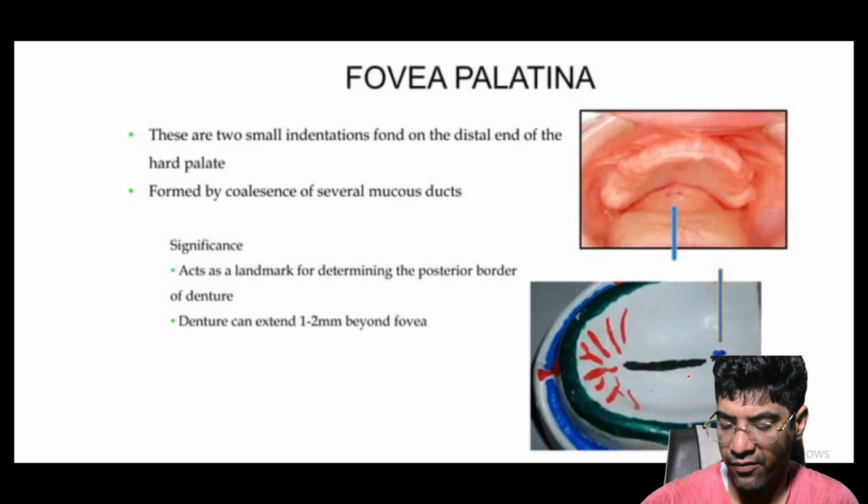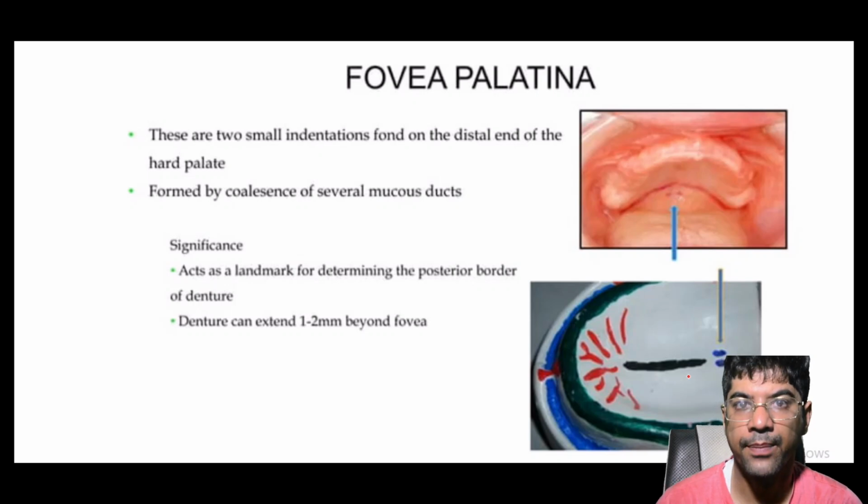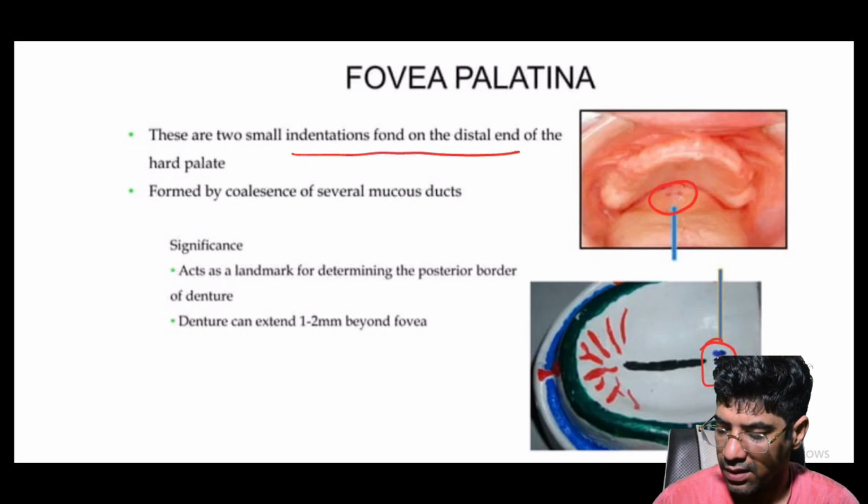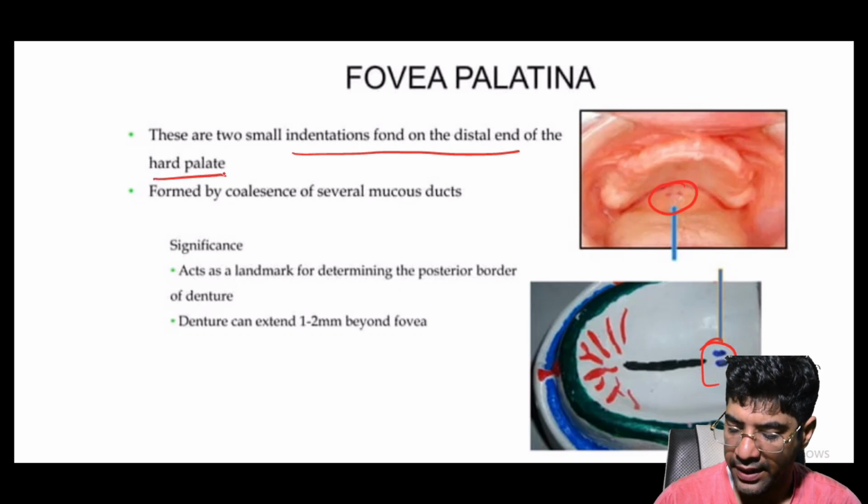The third are the fovea palatinae. The fovea palatinae are small depressions on the palate formed by the coalescence of the ducts of several mucous glands. These are two small indentations found on the distal part of the hard palate.